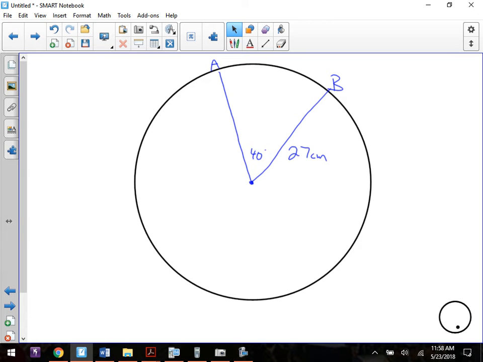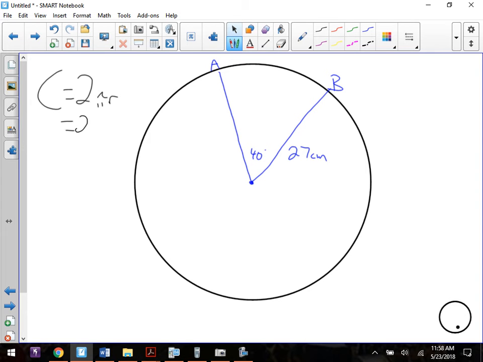So when you go through these things, you just look at your formula sheet. Circumference. Circumference is 2 pi r. Well, in this case, it's 2 times 27 times pi, otherwise known as 54 pi.